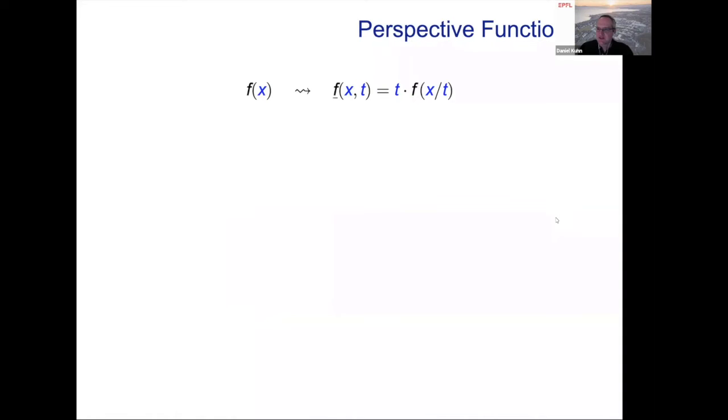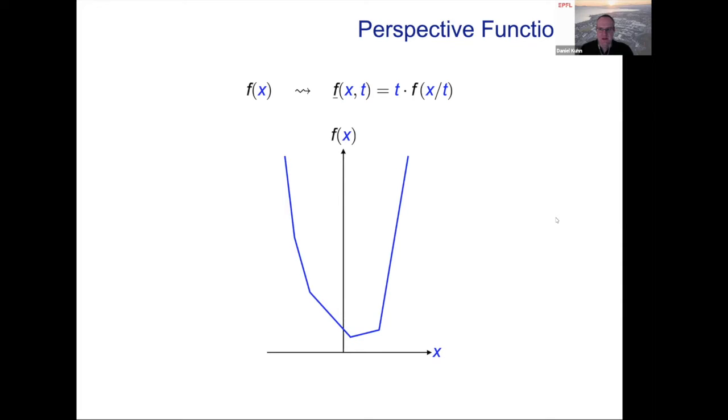Second, convexity is also preserved under perspective transformations, and the perspective of a convex function f of x is a function f underline of x and t, where t is a non-negative scalar. Specifically, the perspective of a function f multiplies the output of f by t and divides the input of f by t. Here's an example of a convex function.